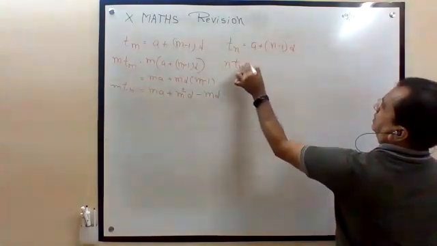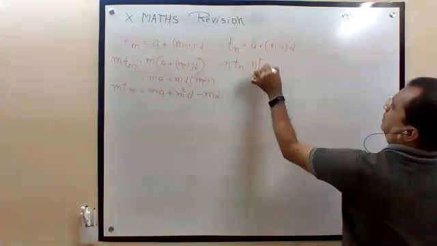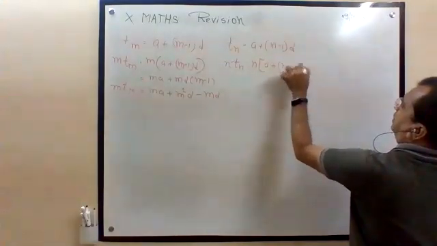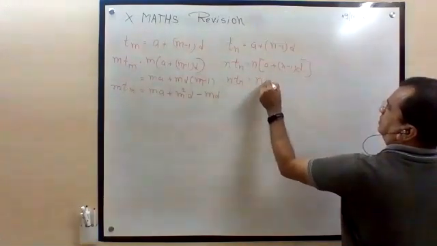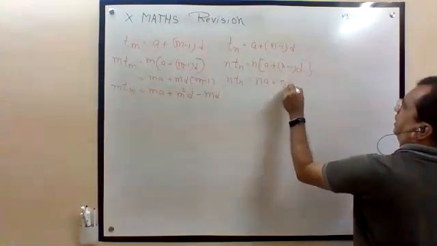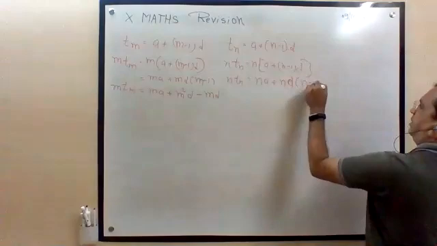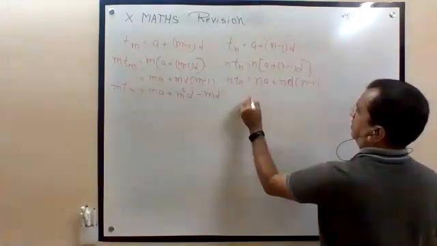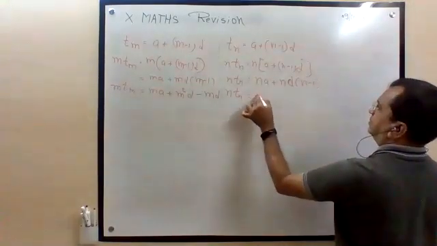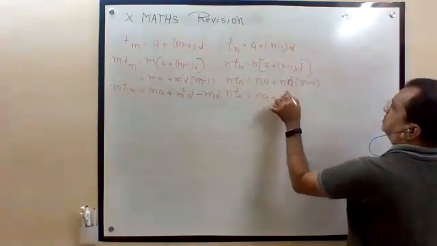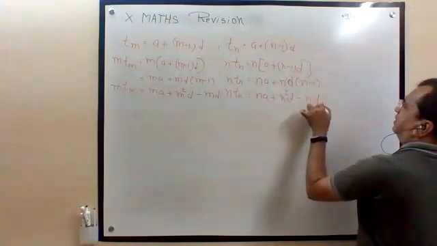n times Tn is equal to n times (a plus (n minus 1)d). So nTn is na plus nd(n minus 1), same way: na plus n square d minus nd.